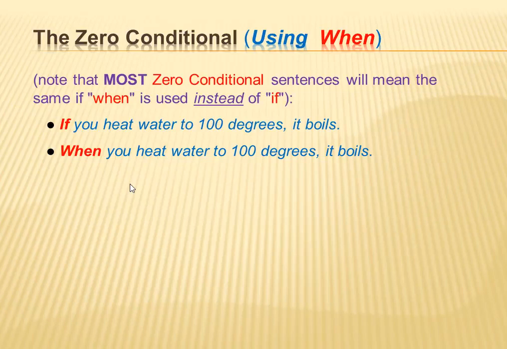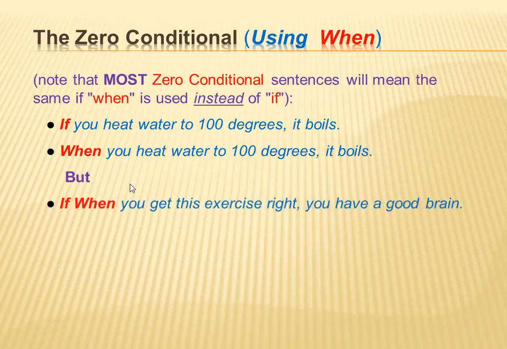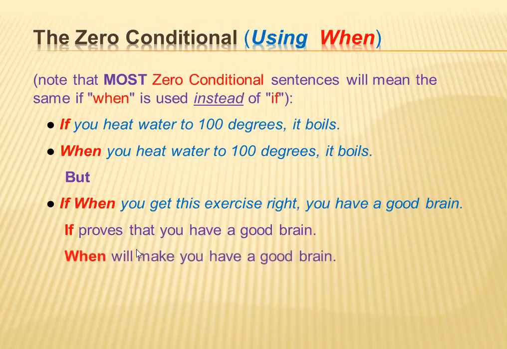It's not wrong. Both are correct. But if you say, if you get this exercise right, you have a good brain, it proves that you have a good brain. If here proves that you have a good brain, when would not make sense. So in this one we cannot use when. You have to omit when.